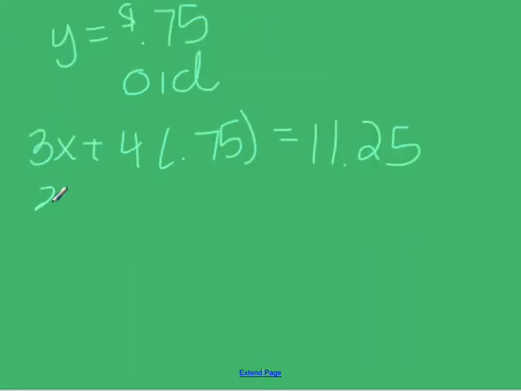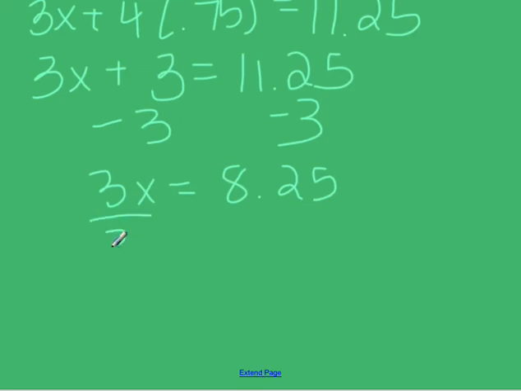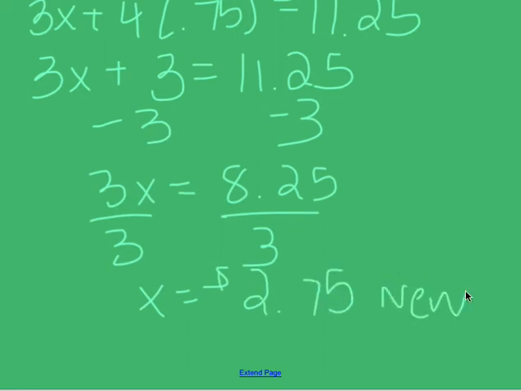Well, 4 times 0.75 is going to give me 3, and that's equal to 11.25. Subtract 3 from both sides, and we get that 3x is equal to 8.25. Last thing I want to do is divide both sides by 3, and I get that x is equal to 2.75, and now that represents the new comic books. So we have new and we have old.